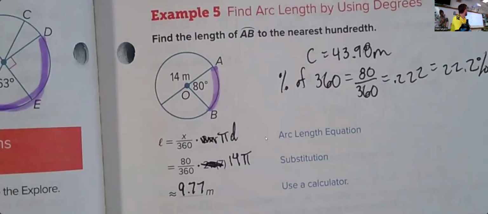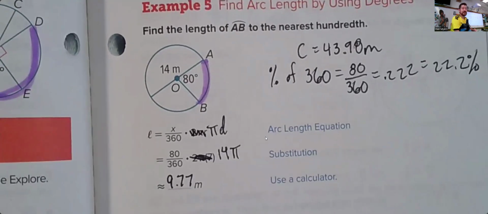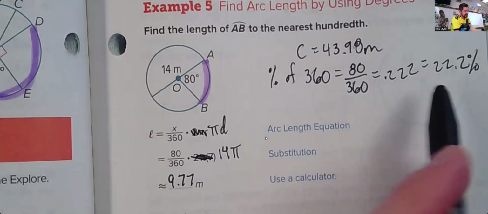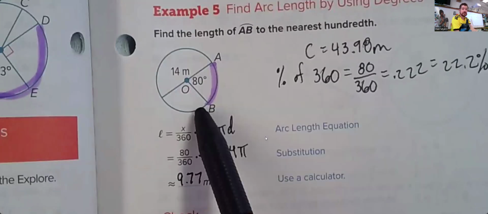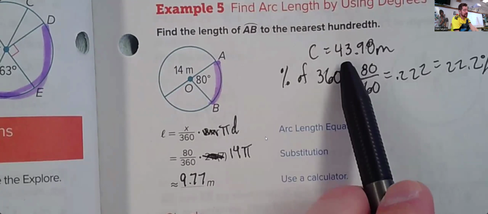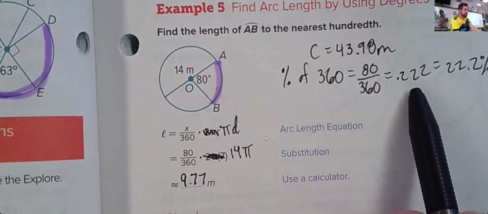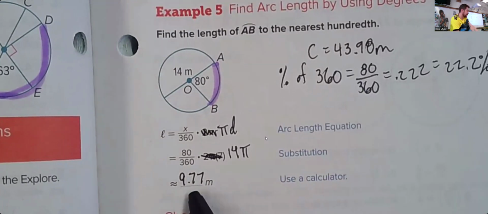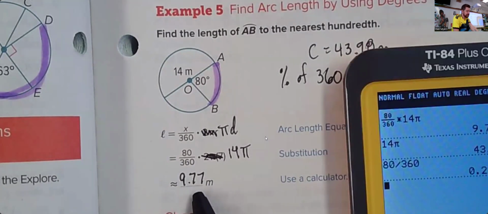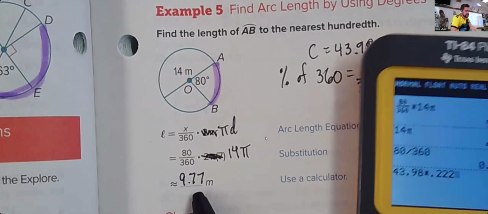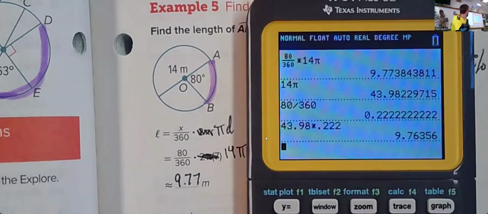So that means that the length of AB is about 22% of the entire circumference. If you take this number here and multiply it by 0.222, you should get a number that's very close to 9.77. So 43.98 times 0.222 is 9.763, which is about 9.77.